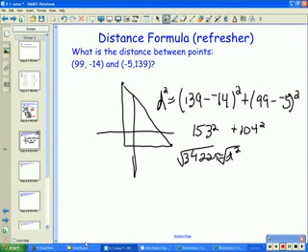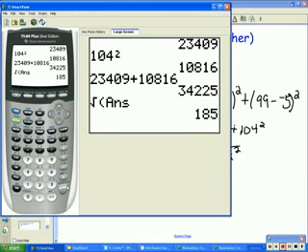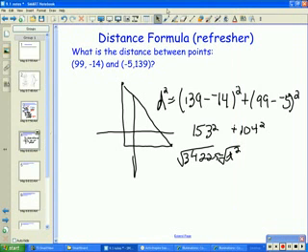And the square root of that number is 185. So the distance between those 2 points is 185 units. Okay, so that's the distance formula refresher.